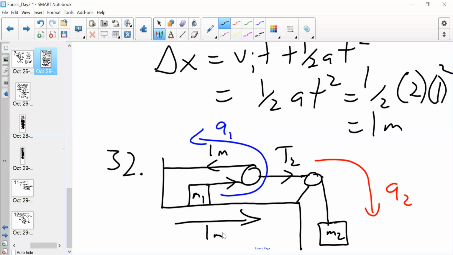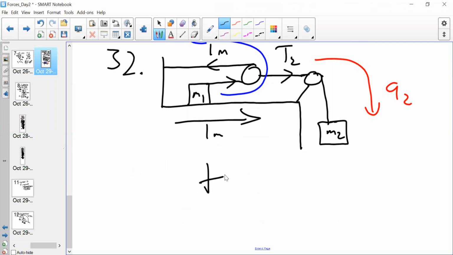So let's say that distance was 1 or whatever it is, then this distance up top will also be 1. So that's double the distance. The claim was that the accelerations are different, A1 and A2. But the entire system at the end is going to be moving in the same amount of time, time t, and the final velocity being whatever that is. It's going to be in terms of the different accelerations. So all things being equal, we have our time and our VF being the same for both systems.